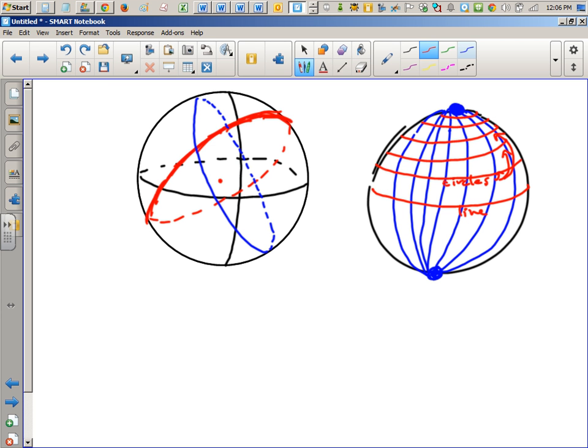If you're flying on the equator, you just take your hands off the wheel. Fly straight. The pilot could actually do this and fly on a great circle. But to stay on one of these other red lines, they have to actually hold the wheel. That proves it's not a straight line. So to answer your question, it's not a line. There is no such thing as parallel straight lines on a sphere.